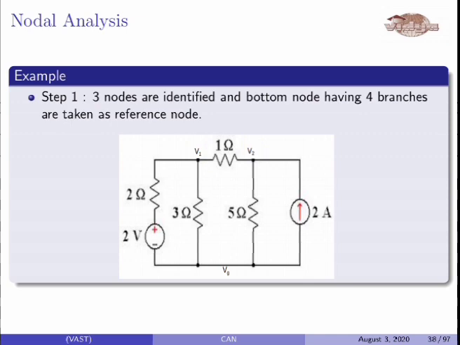And we will assign the node voltages. Here for node 1, that is here, we assume the voltage as V1, and in node 2 we assume the node voltage as V2, and for the reference node the voltage is assumed as Vg, that is ground potential, that is 0 volt.